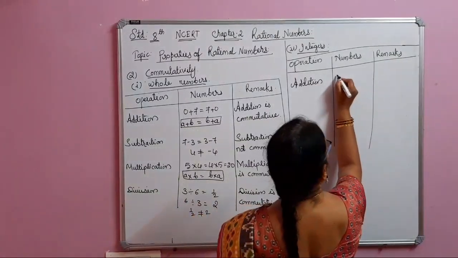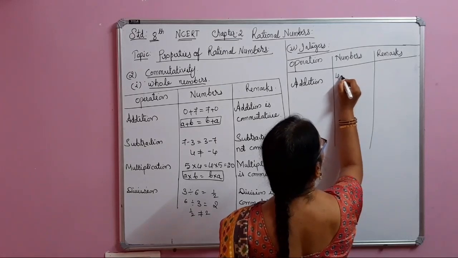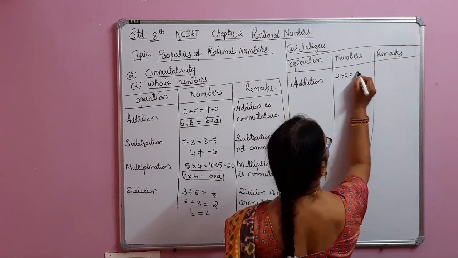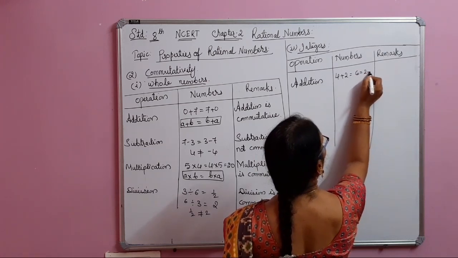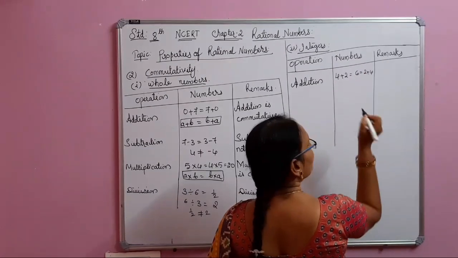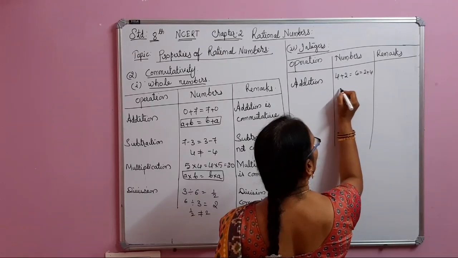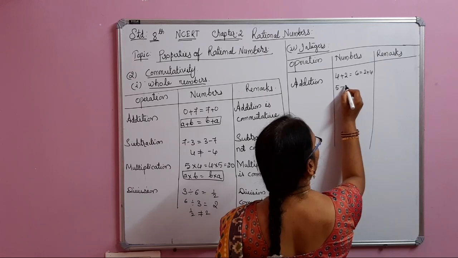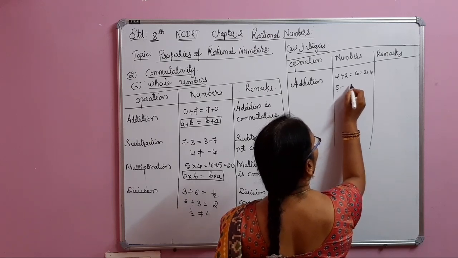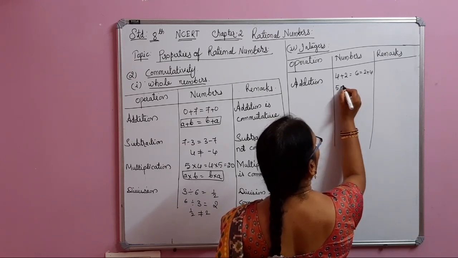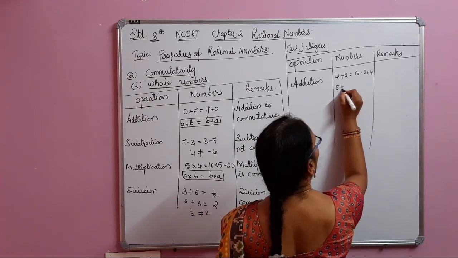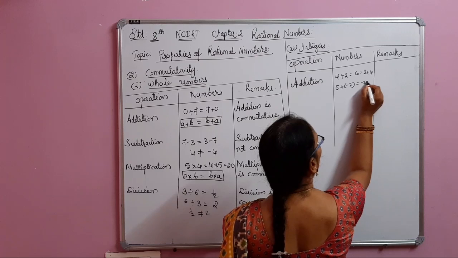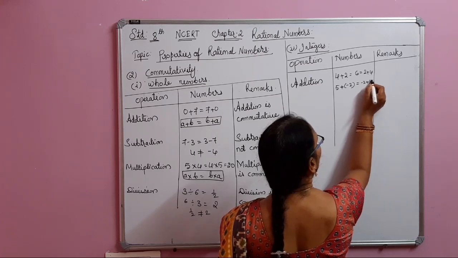See here, 4 plus 2 is equal to 6 is equal to 2 plus 4. In the same way, we will take one positive, one negative. The addition we are taking now: 5 plus of minus 2 is equal to minus 2 plus of 5.